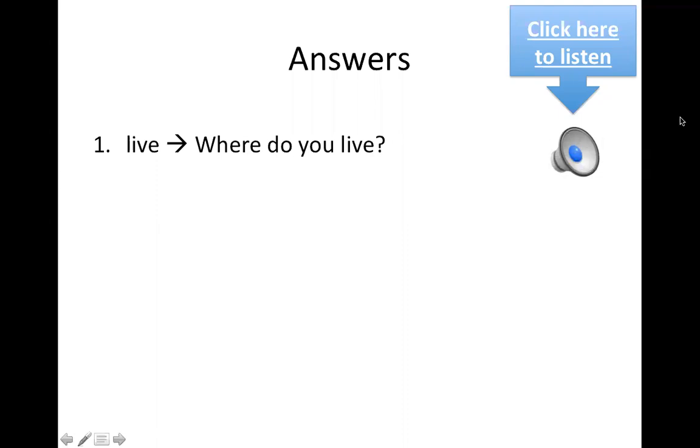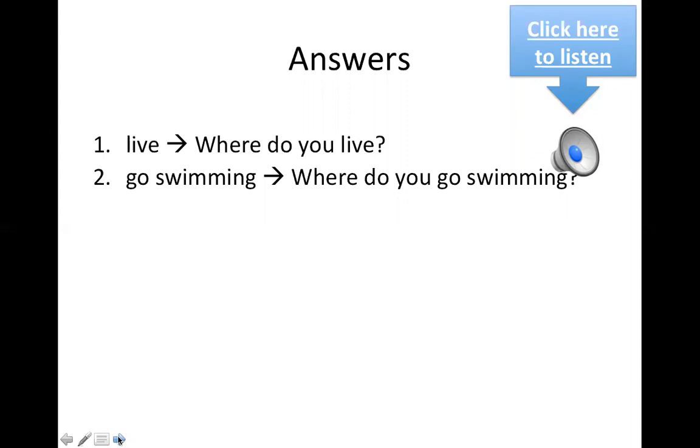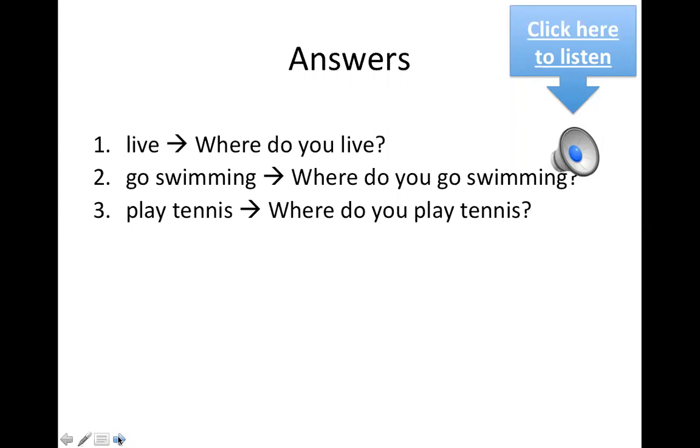30.2. Exercise 3. 1. Live. Where do you live? 2. Go swimming. Where do you go swimming? 3. Play tennis. Where do you play tennis? 4. Work.